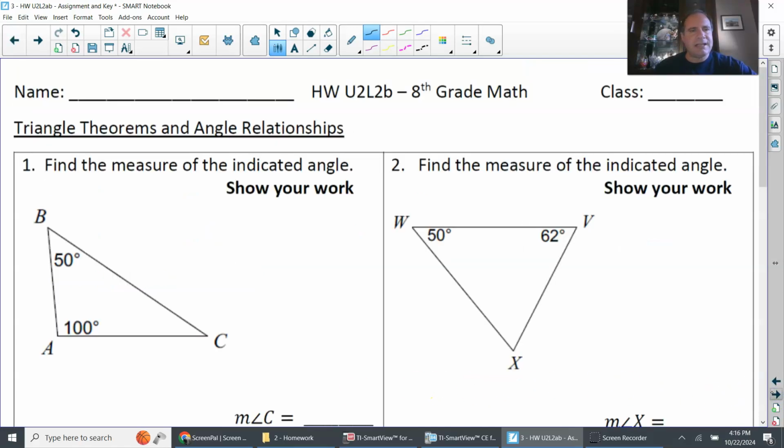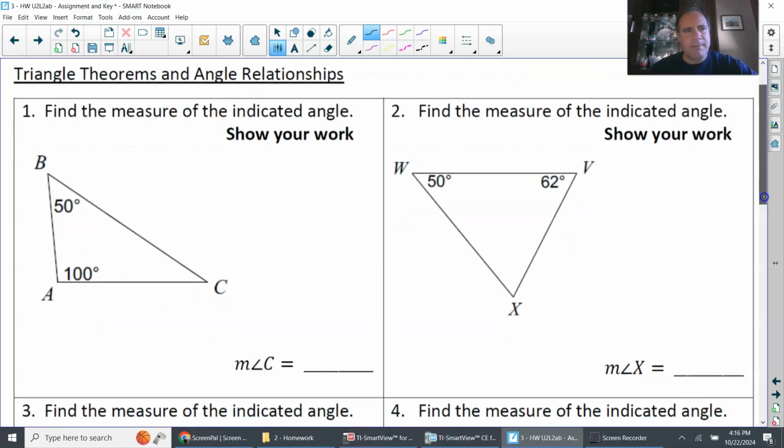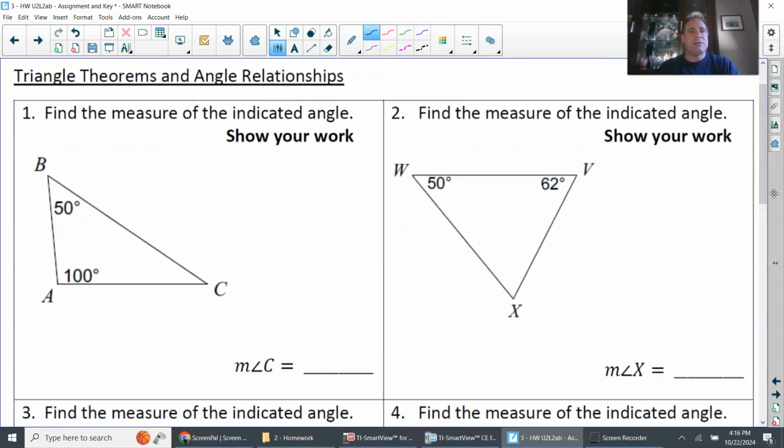So we're going to go to the next page, and we are going to talk about finding the measure of the indicated angle. So right here, measure of angle C, that's what this stands for. They want this right here. So they want the third angle of a triangle, and the interior angles of a triangle equal 180 degrees when you add them together.